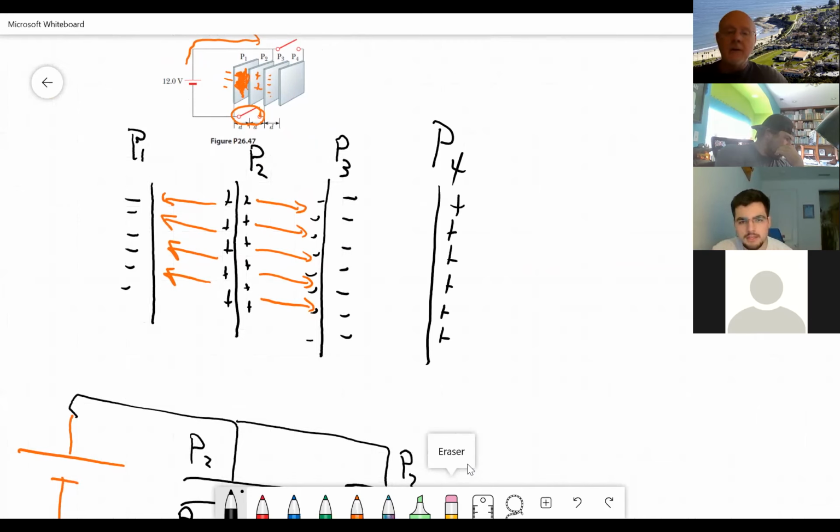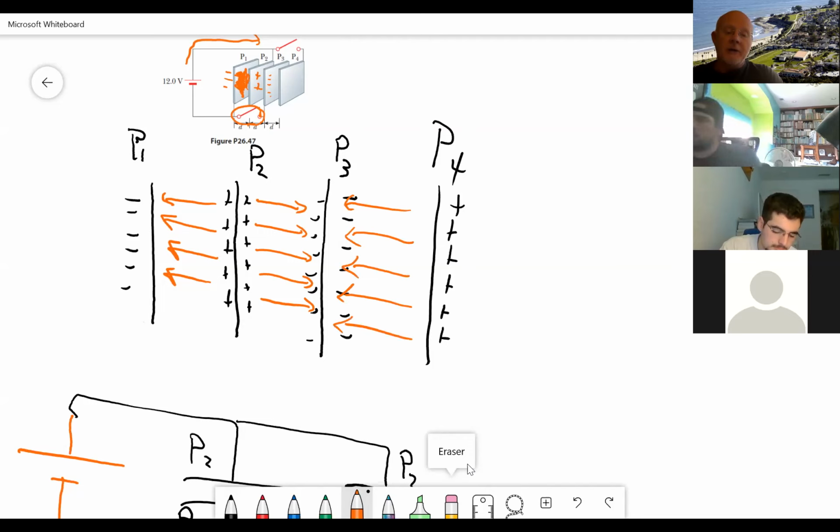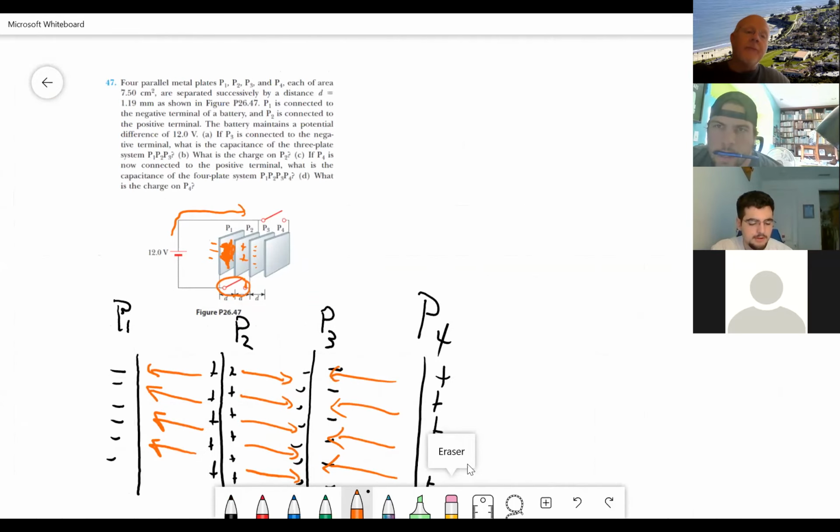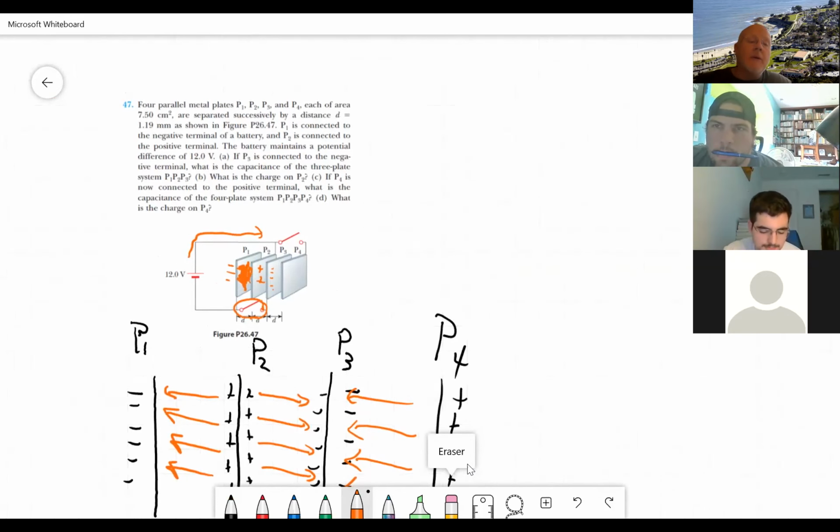Is it going to be just another capacitor in parallel? Yeah. And so it's exactly what you're supposed to recognize, that now this is the equivalent of 3 capacitors in parallel. Now it's just 3 times C1.